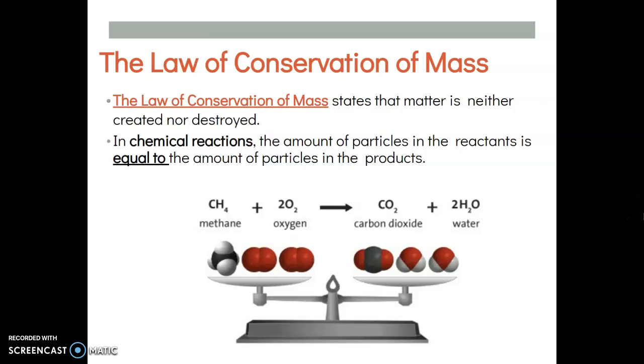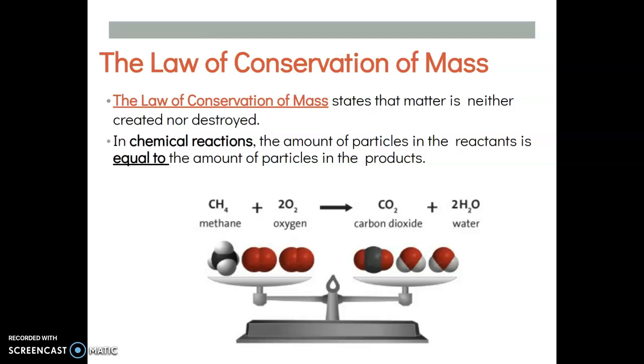Just a reminder, the law of conservation of mass states that matter is neither created nor destroyed. So in chemical reactions, this means that the amount of particles in the reactants is equal to the amount of particles in the products. Let's say you have 20 particles in the reactants, you're going to have 20 particles in the products.